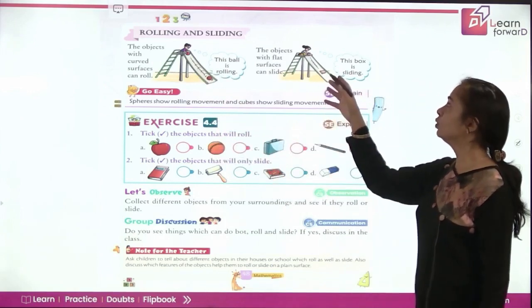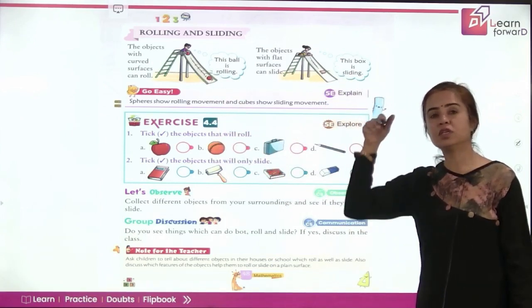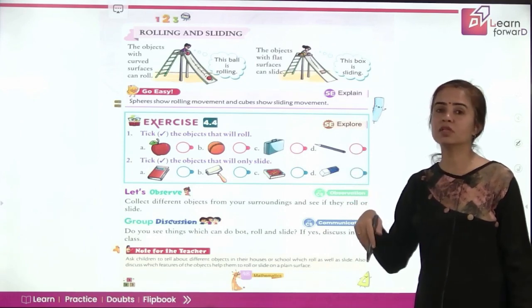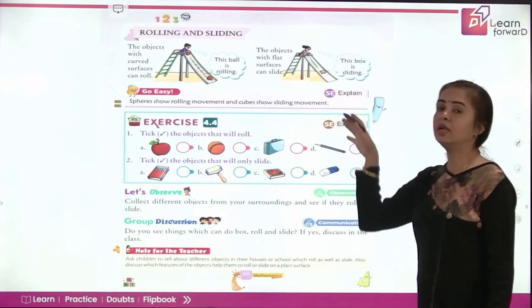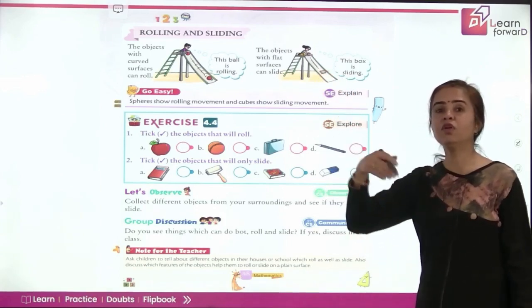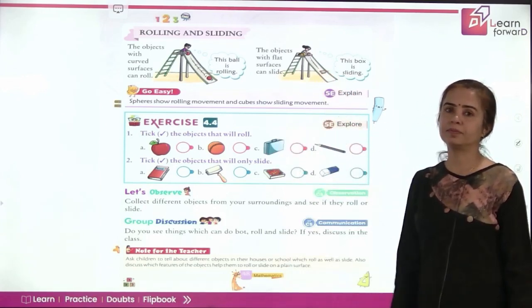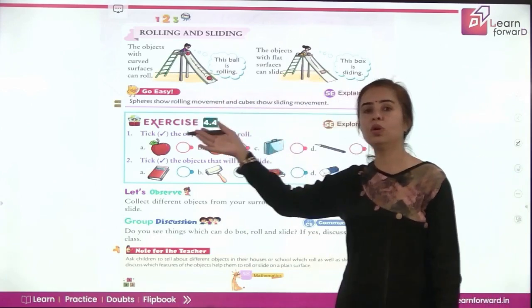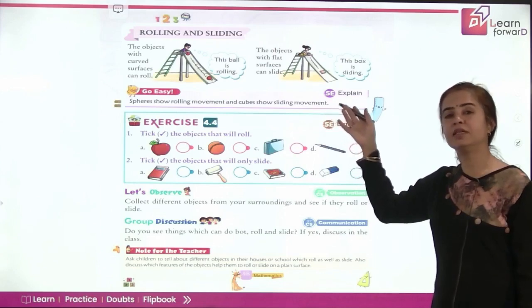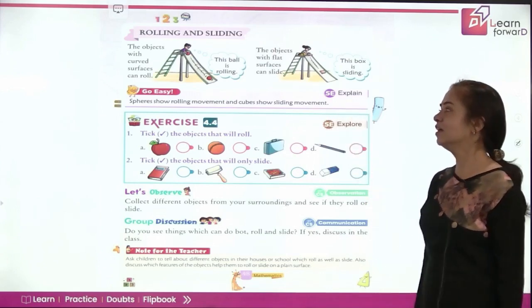But if you drop a box there from the top of your slide, what will happen? It will slide down. It will not come rolling down. So the surfaces which are round in shape, they roll, and which are flat in shape, they slide. This is the difference, children.